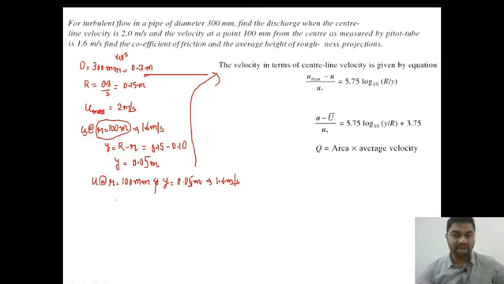Let this be equation 1. Substitute all the values in equation 1.